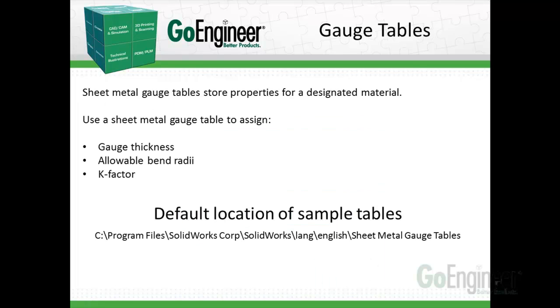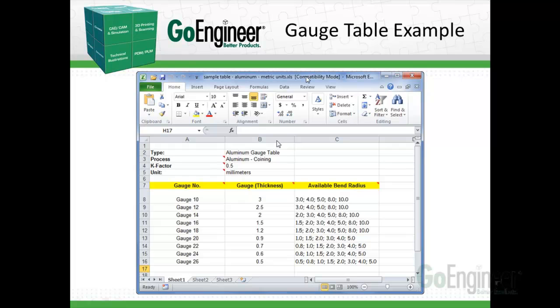Gauge tables are another great tool to make it convenient for setting up the thickness and allowable bend radii within a part. The key thing about using a gauge table is it can only determine the flat pattern by the K-factor specified in the gauge table. The default sample gauge tables are again in Lang, English, under sheet metal gauge tables. Here's a sample of what that looks like. Again, some header information, and the K-factor, that's important, sits right here in the gauge table.